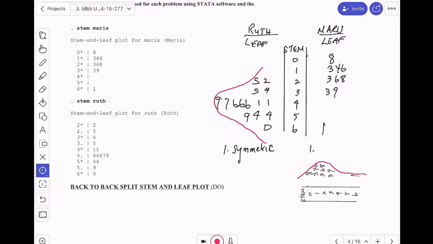So we say this is skewed to the right because it's skewed in the direction of the few observations, the extreme value. So this one is going to be called skewed to the right. Now you can still call it skewed to the right if you did it the other way, but you have to recognize that the number line is backwards if you had put Maris over here.